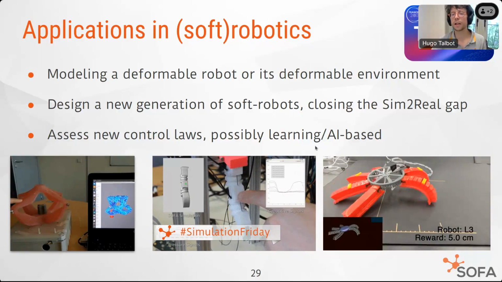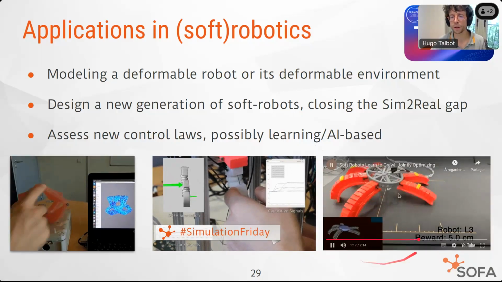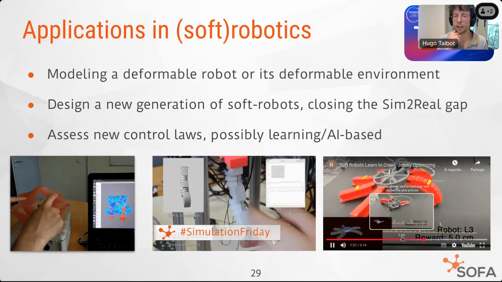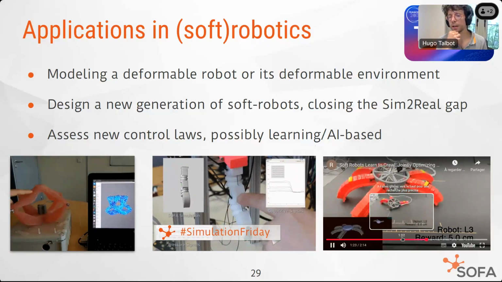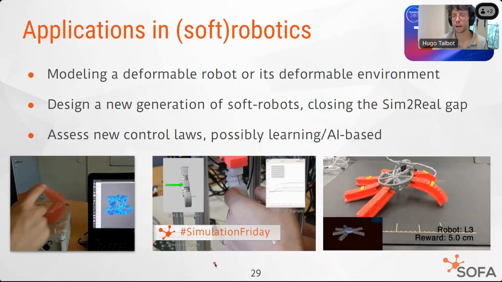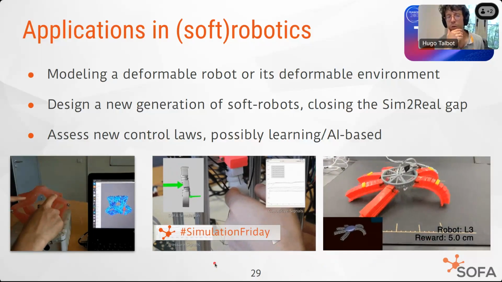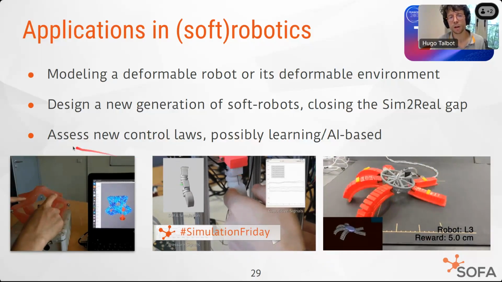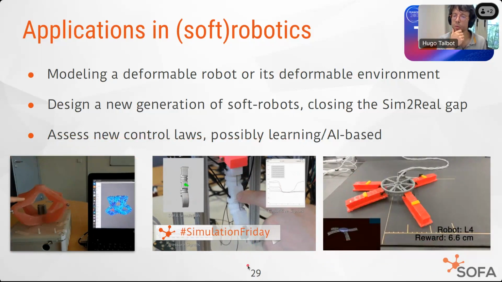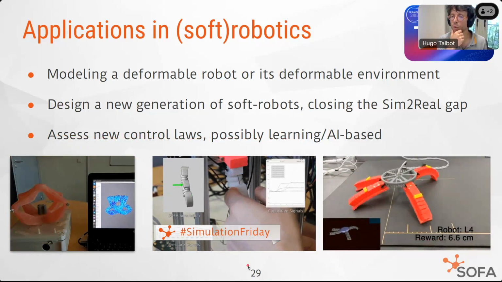And simulation can really be used, as you can see here, it's work done by colleagues at McGill in Canada, where they are actually using SOFA to model their crawling robot. And in that case, it's actually a link with the third bullet point. They trained a neural network with simulation.